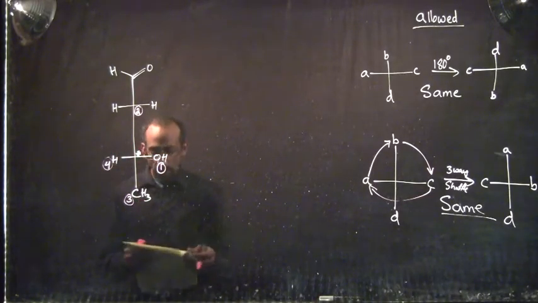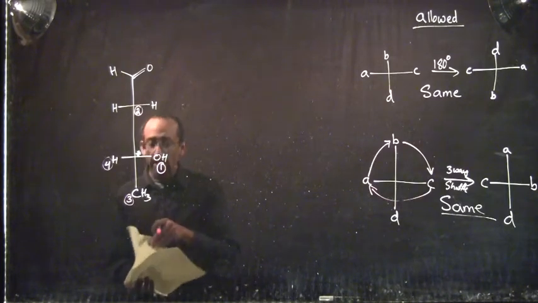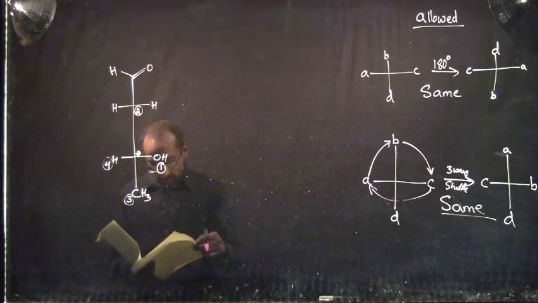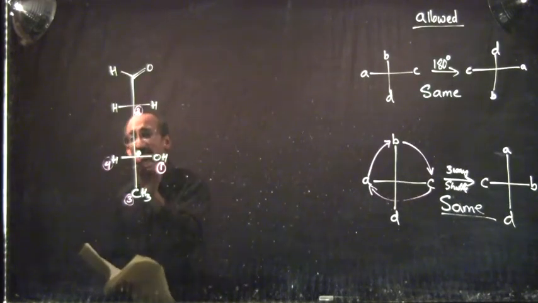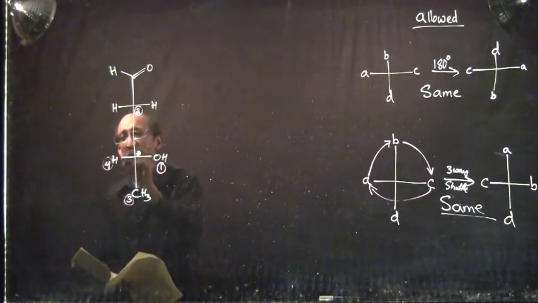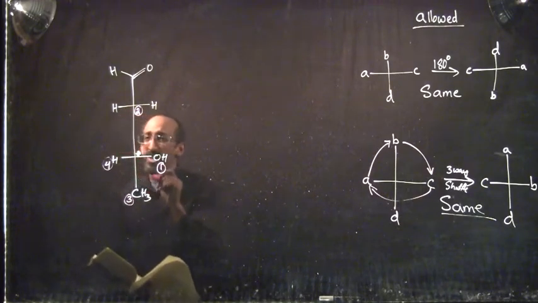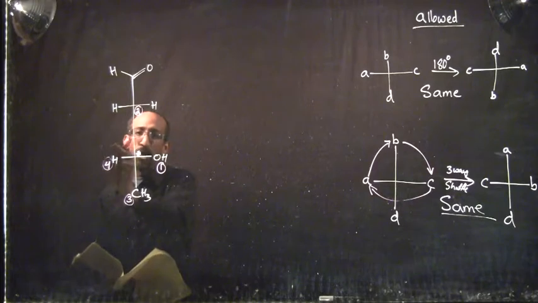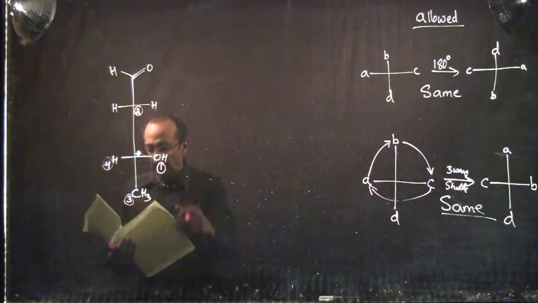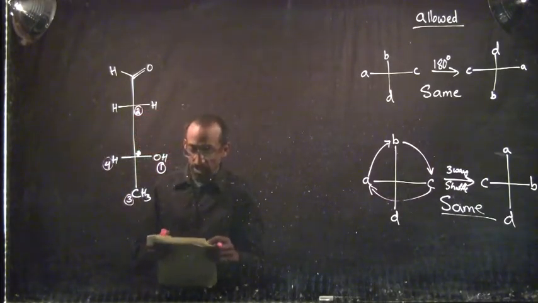And if you remember, everything that's on a horizontal line is on a wedge. So really, I have to think of this here as being on a wedge. And now I need to do one of my 2 allowed operations to get that low priority group onto a hash, put it into a vertical position.